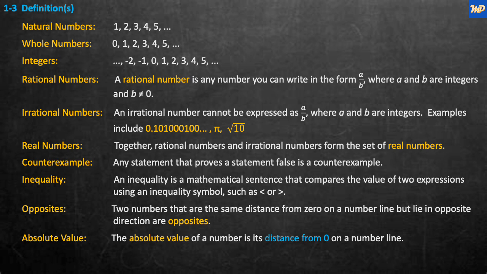Absolute value of a number is its distance from 0 on the number line. So -3 is 3 units from 0, just like 3 is 3 units from 0. But the absolute value of -3 is that distance without a negative sign. It's just how far is it? It's 3 units away. Okay?